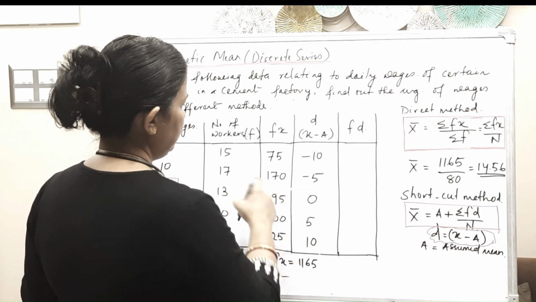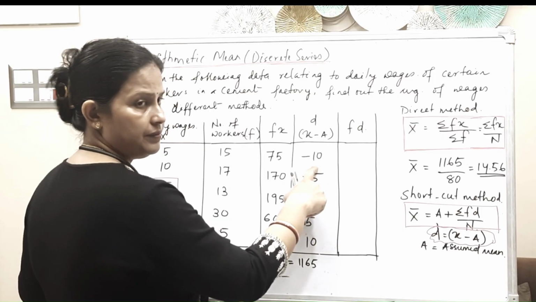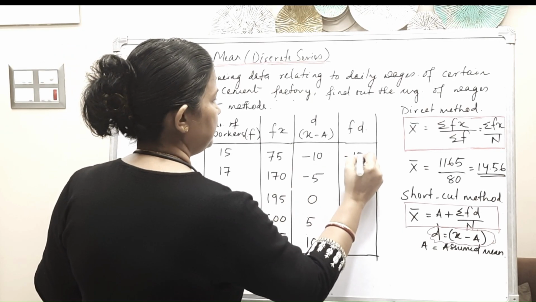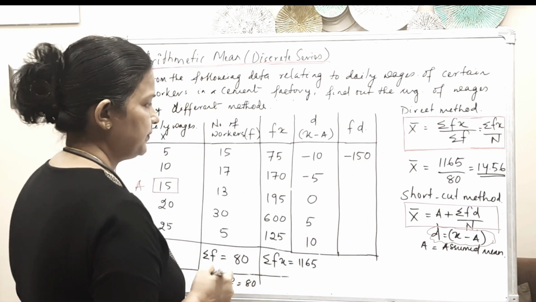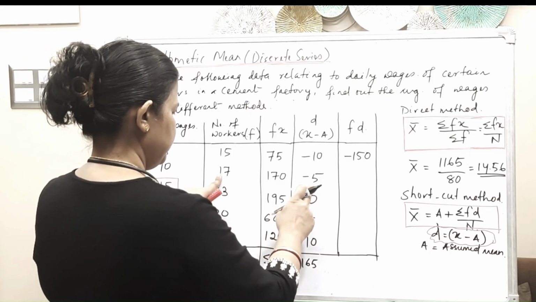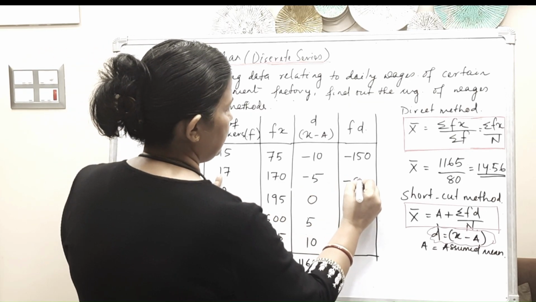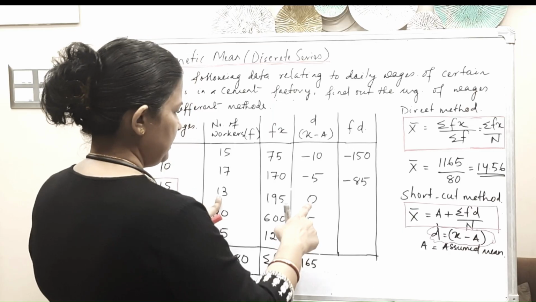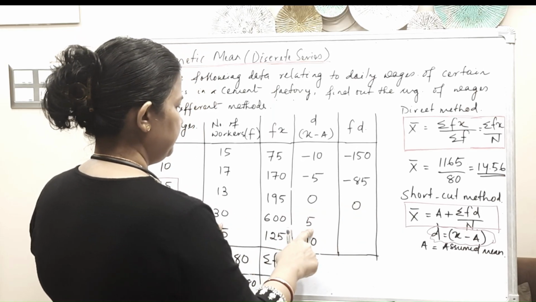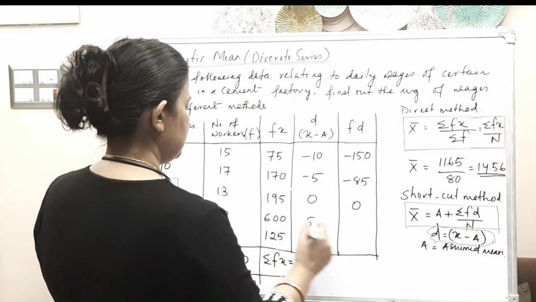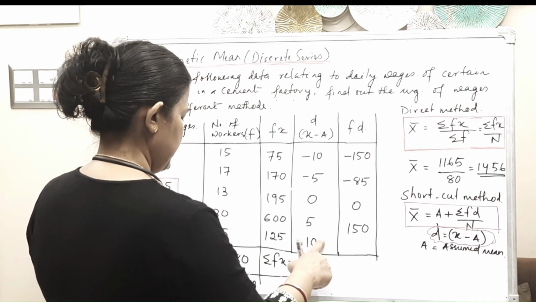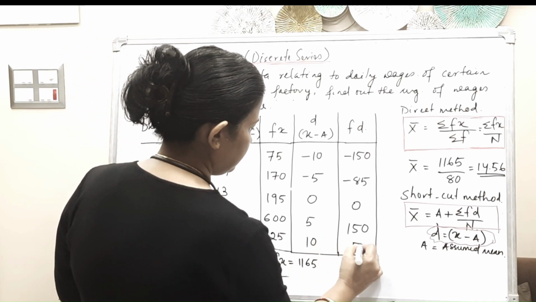So what we need to find? 15 into minus 10, which is equal to minus 150. 17 into minus 5, which is equal to minus 85. Then 13 into 0 is 0. 30 into 5 is 150. Then 5 into 10 is 50.